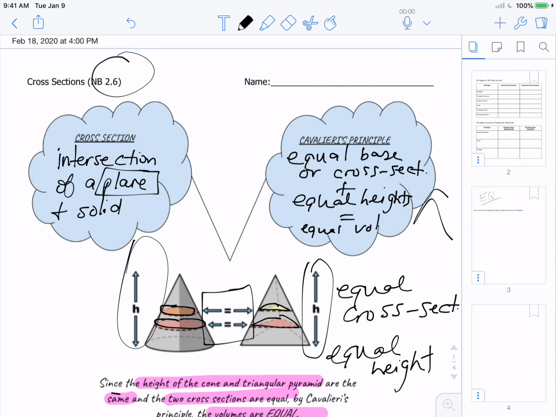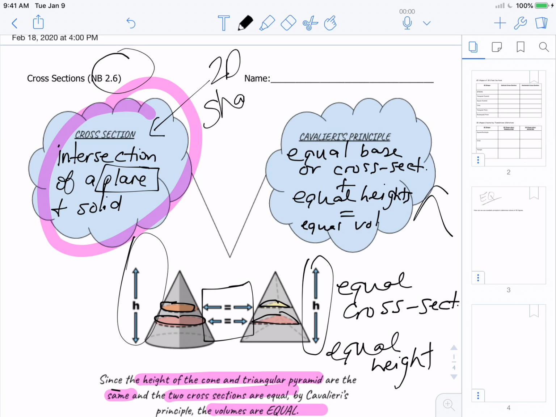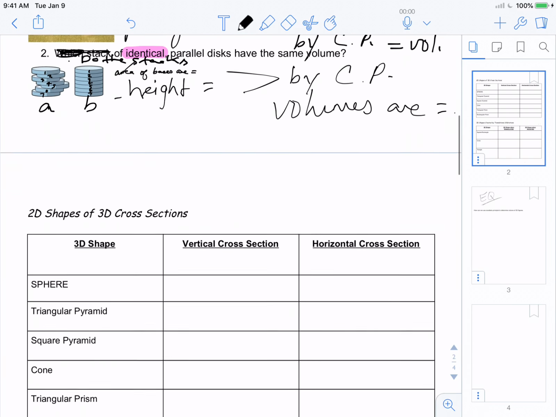All right, so next thing, we're going to talk a little bit more about cross sections. Remember, a cross section is just an intersection of a plane and a solid. A cross section is going to be a two-dimensional shape, so it's going to be squares, rectangles, circles, triangles, everything two-dimensional.